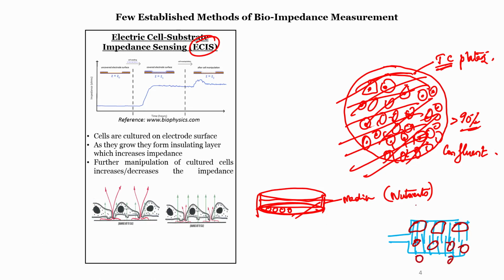That means when the cells occupy a lot of area of the electrode, the impedance will obviously change, right? That is how we can monitor the confluence of cells.